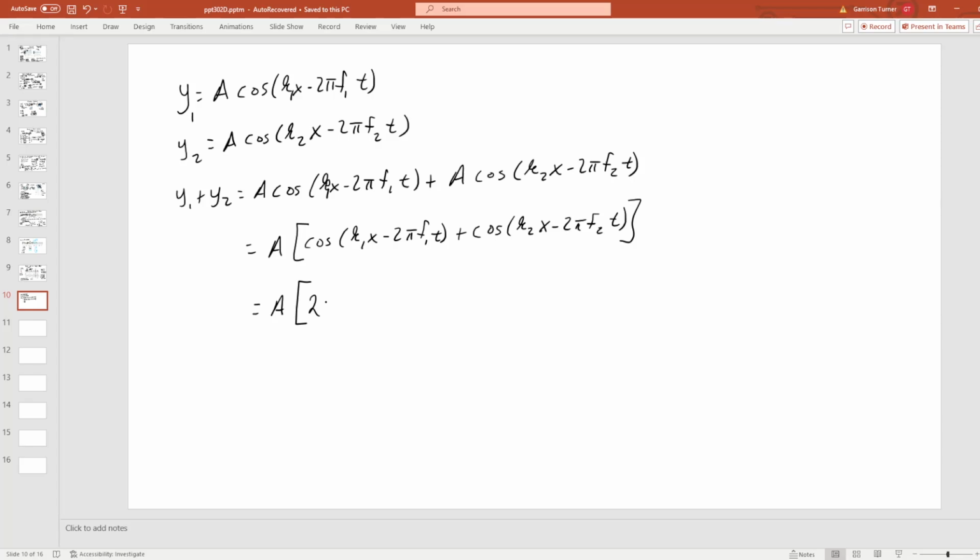Now, what we're going to do is take a snapshot when x equals 0. The reason we're going to do this is to make the problem slightly more tractable mathematically.